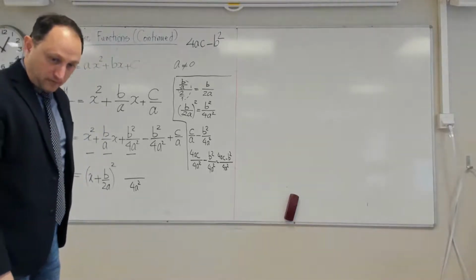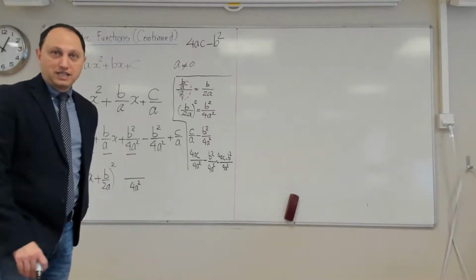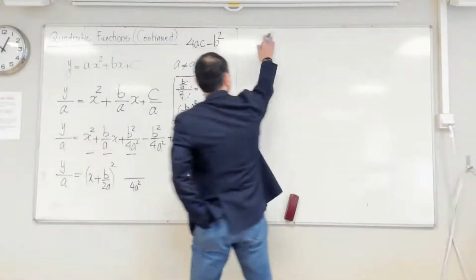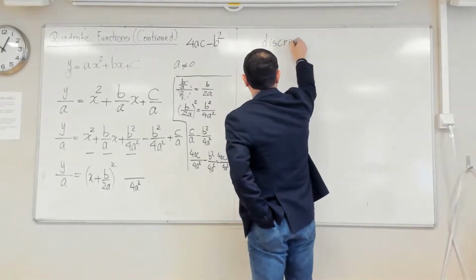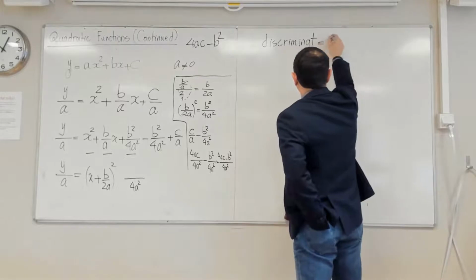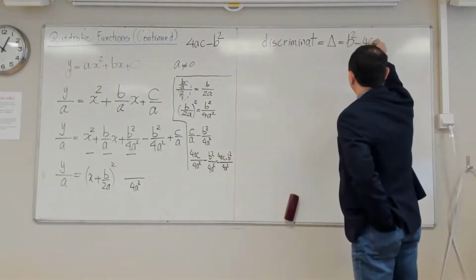It's the delta. It's delta, but not 100%. It's very similar to delta. What's the difference? Do you remember what is delta? The discriminant. Delta is b squared minus 4ac.